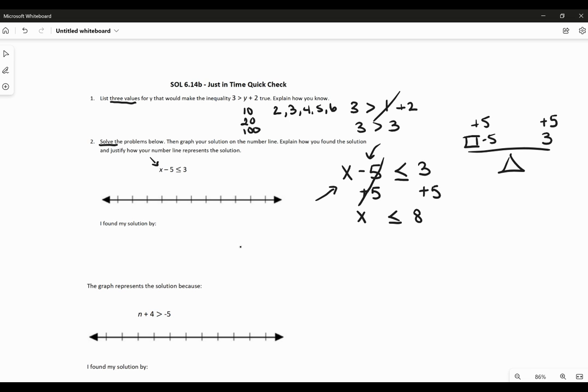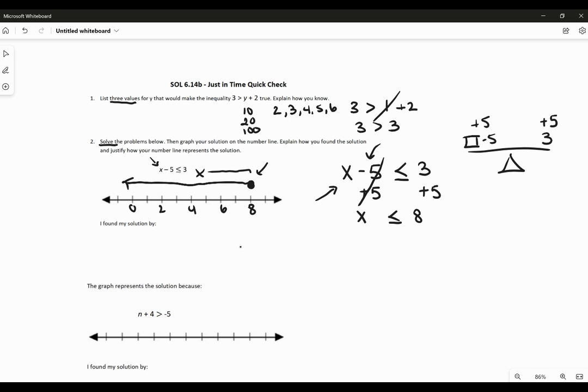And what does that look like? Well, I guess if 0 is here, 2, 4, 6, 8. X will be less than or equal to 8. So I colored in this dot to indicate that x, which is the line, so this is x.